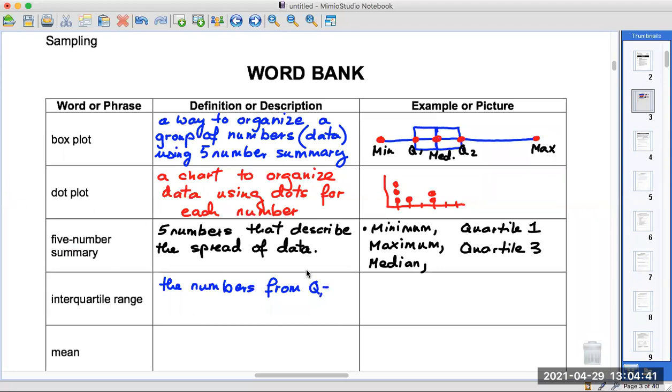That's a way to write quartile 1. You put the 1 a little lower. So you have your quartile, that's the Q, and then the 1 goes a little bit below. Same for Q sub 3. So in other words, it's all the numbers inside the box.